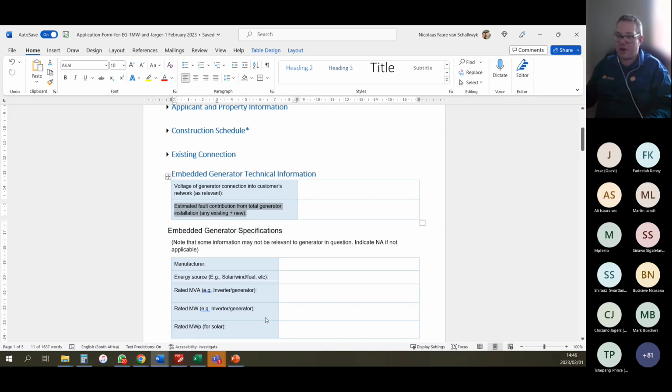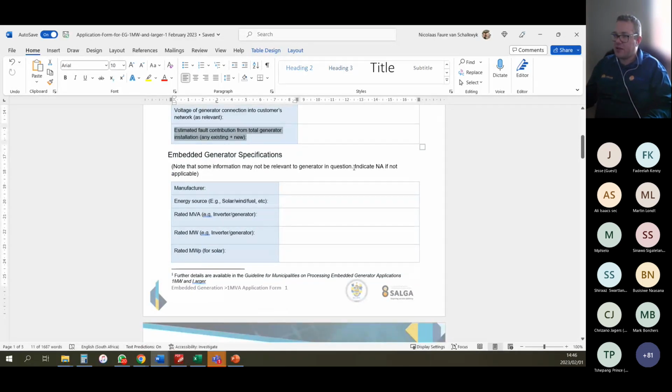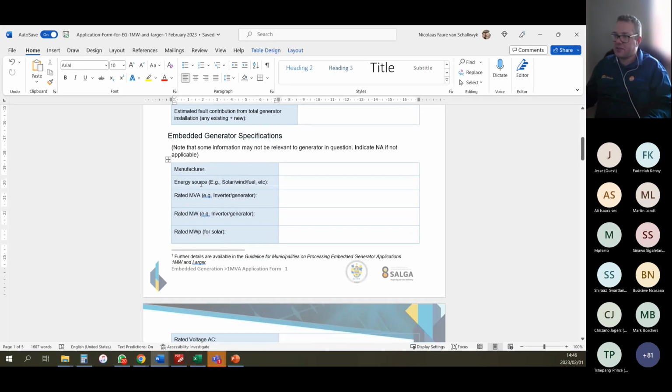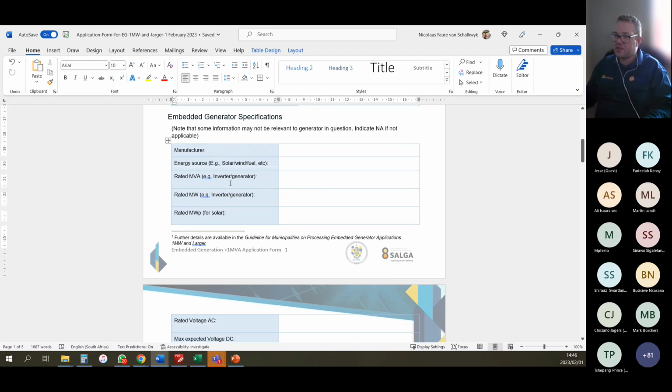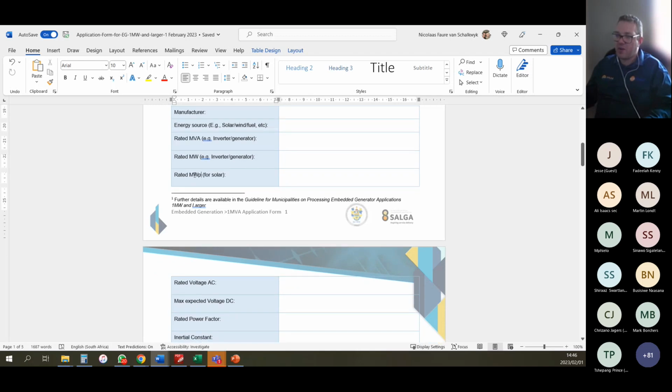You'll see even with other parameters that's the same. Okay, so if we look at the embedded generator specifications, if it's not applicable, you can just indicate not applicable or NA. Who's the manufacturer? What's the energy source? Is it solar, wind, or fuel? What's the MVA size of the inverter of the generator? The megawatt. So we've got the apparent power and the active power. If you're going to install solar, what's the megawatt peak that you're going to install on the solar side?